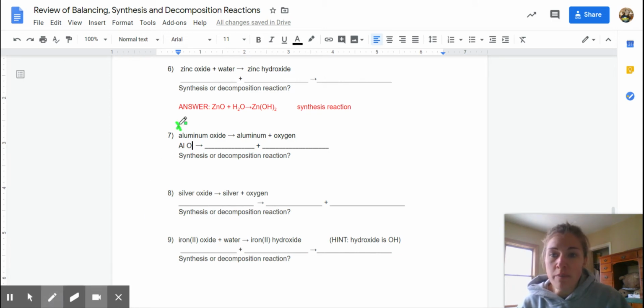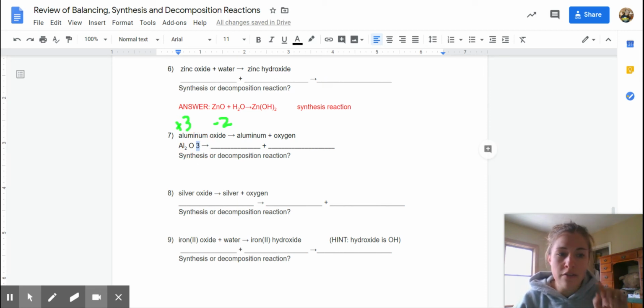So aluminum is a +3, and oxygen is a -2. So when we are crossing our charges, that 2 is going to cross down behind the aluminum. So we're going to have a subscript 2. And behind the O, we're going to have a subscript 3.